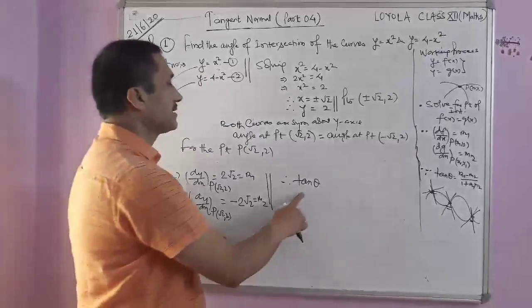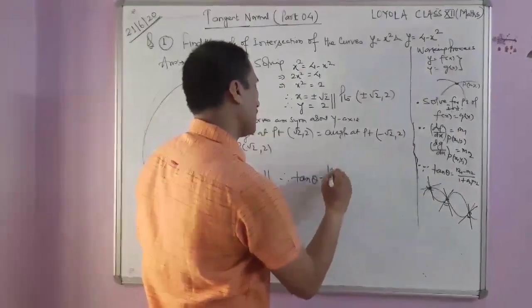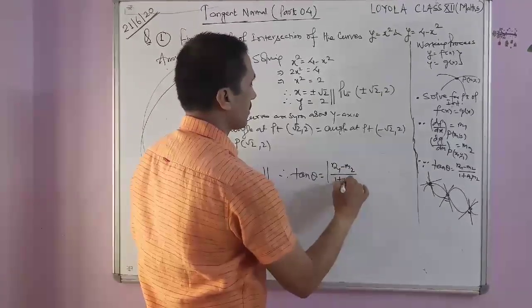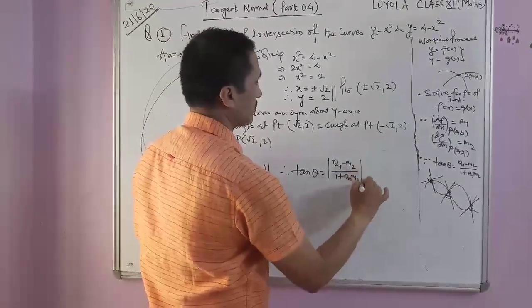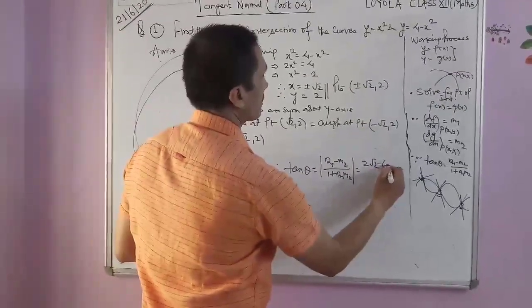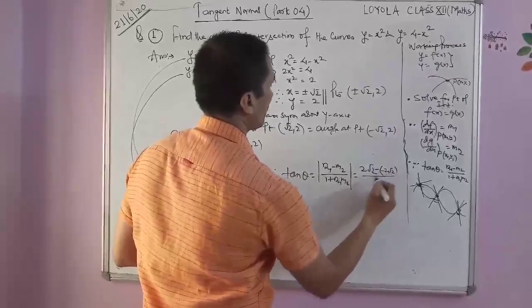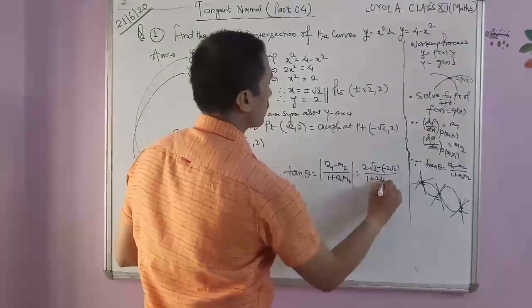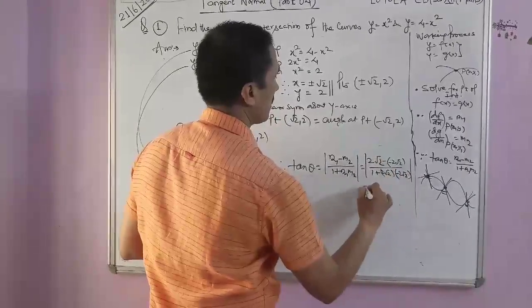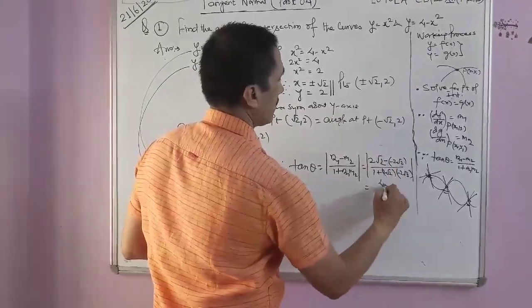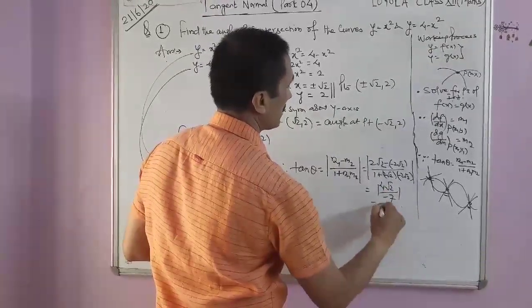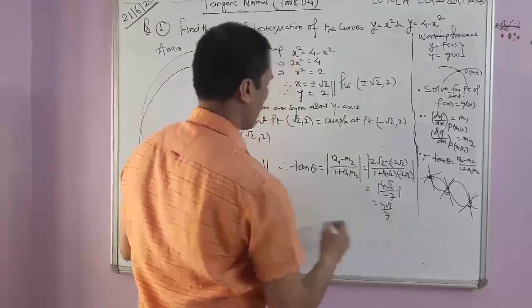If the angle between tangents is theta, then tan theta equals the modulus of m1 minus m2 divided by 1 plus m1 m2, equals 2 root 2 minus minus 2 root 2 divided by 1 plus 2 root 2 into minus 2 root 2, which is 4 root 2 upon 1 minus 8, that is minus 7, taking the modulus, 4 root 2 by 7.